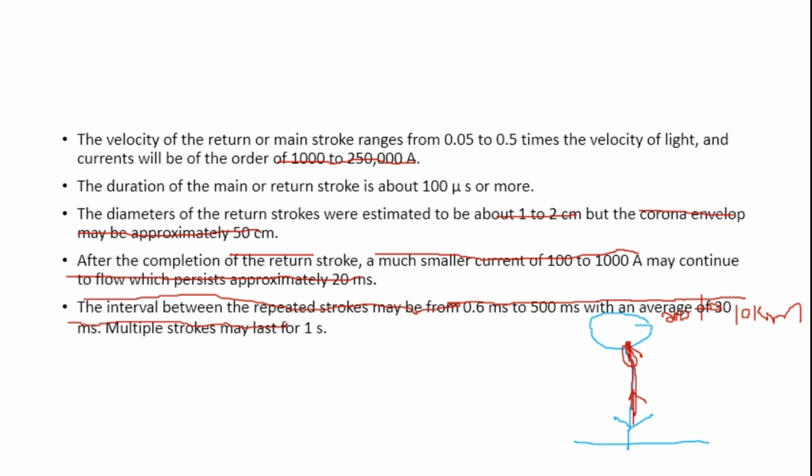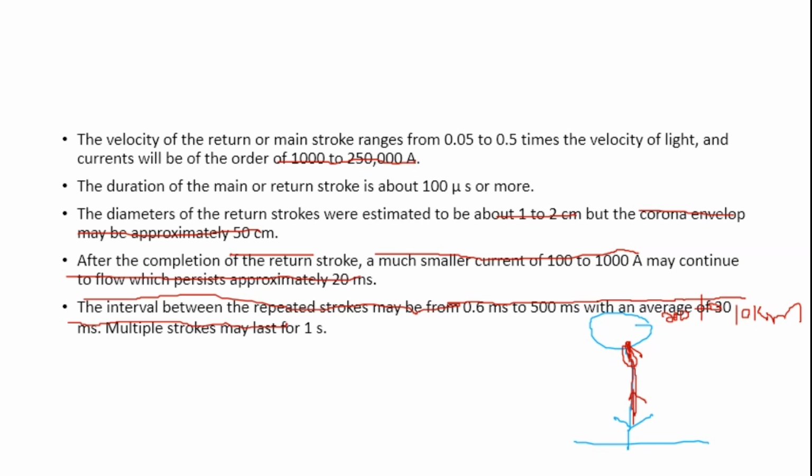So what we can understand is that the total duration of the lightning may extend up to 1 second. The peak value of the current from the ground on the return is around 250,000 amperes, and the rate of rise may vary from 10 kiloamperes per microsecond, or 10 to the power of 11 amperes per second.